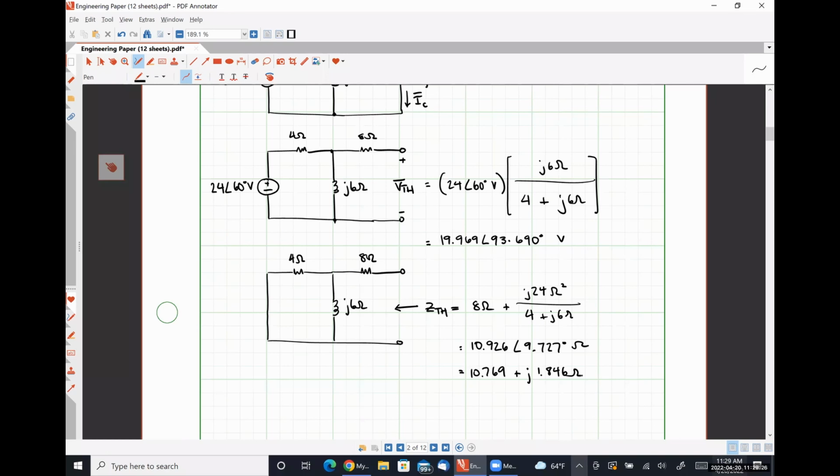So this rectangular form is absolutely necessary to work backwards to figure out what this looks like in the time domain. Not particularly relevant to this circuit, but it's absolutely something I ask you to do in the homework set that will be assigned today.